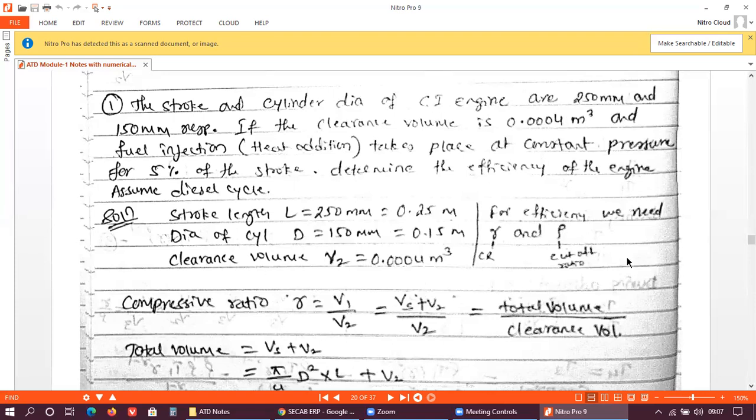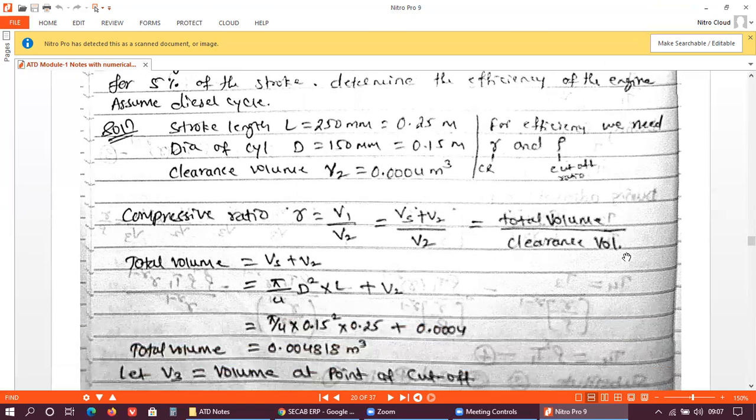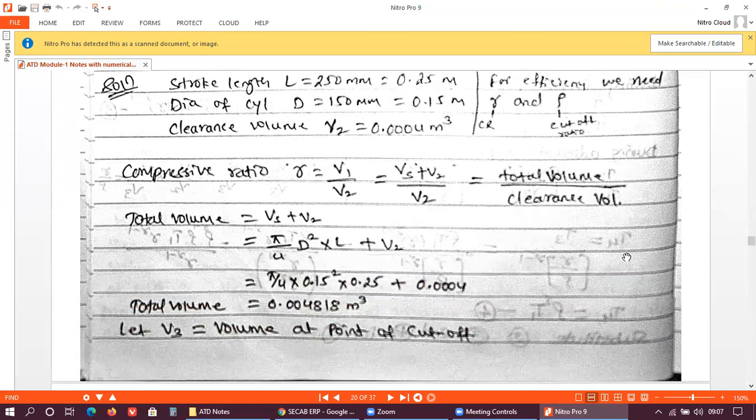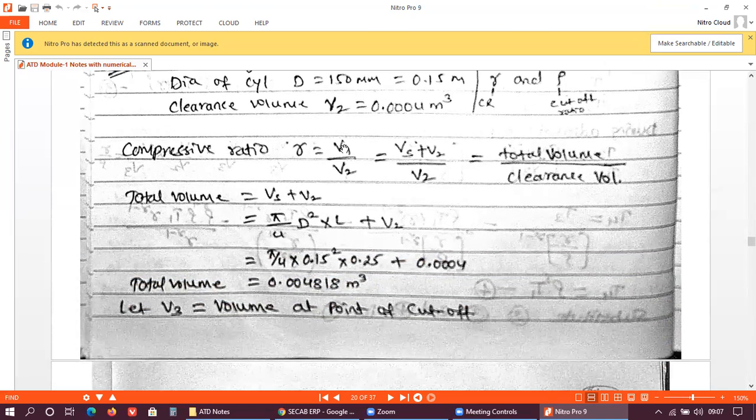To calculate the compression ratio, we need the ratio V1 by V2. R is equal to V1 by V2. V1 is the sum of stroke volume plus clearance volume, where Vs is the stroke volume and V2 is the clearance volume.